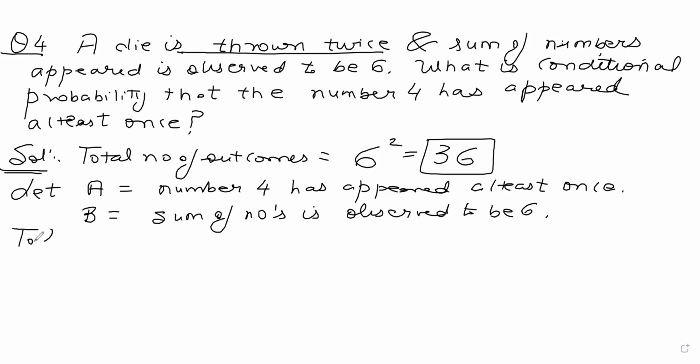What do we need to find? Probability that the number 4 has appeared at least once, given that the sum of the numbers is observed to be 6. Now let's define the sets A and B.